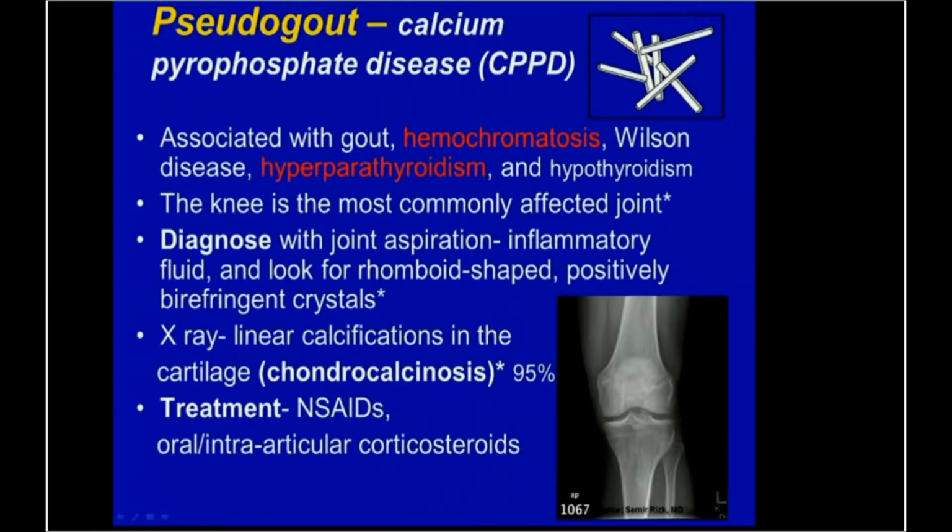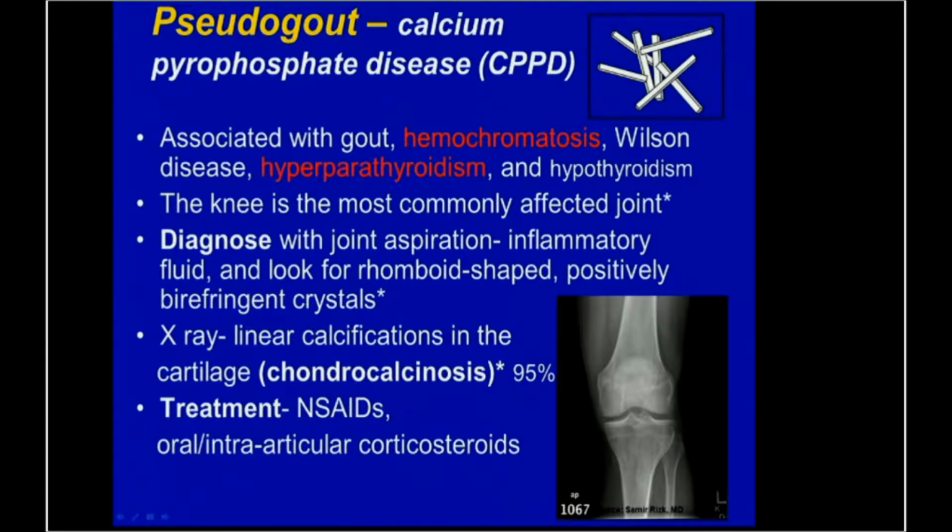Hemochromatosis and hyperparathyroidism are commonly checked, and high yield: Wilson disease, hypothyroidism, but remember hemochromatosis and hyperparathyroidism are associated with pseudogout. The most common site for gouty arthritis is the big toe. The most common site for pseudogout is the knee.